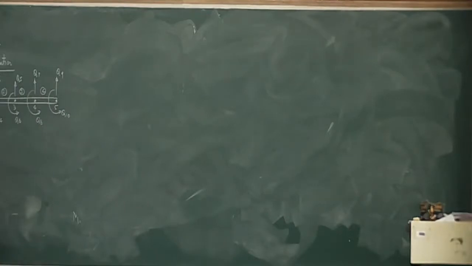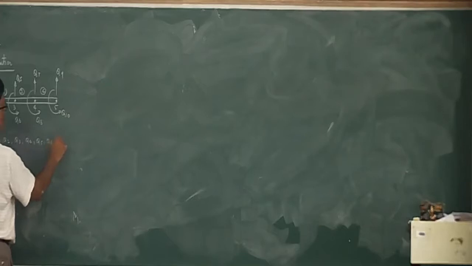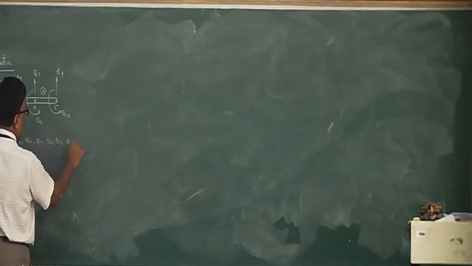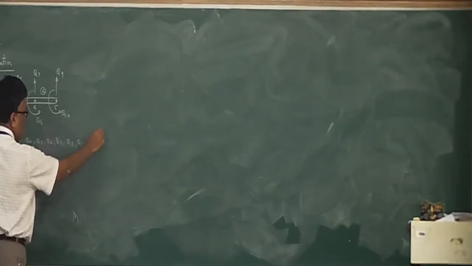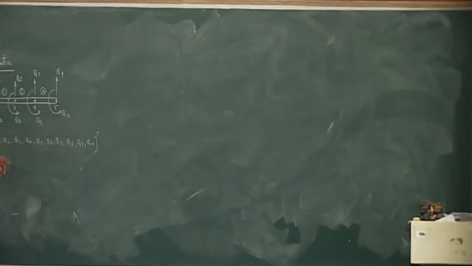So if I show you Q for this particular beam, it is going to be a column matrix of 10 by 1, because there are Q1, Q2, Q3, Q4, Q5, Q6, Q7, Q8, Q9, and Q10. These are going to be the total degrees of freedom.